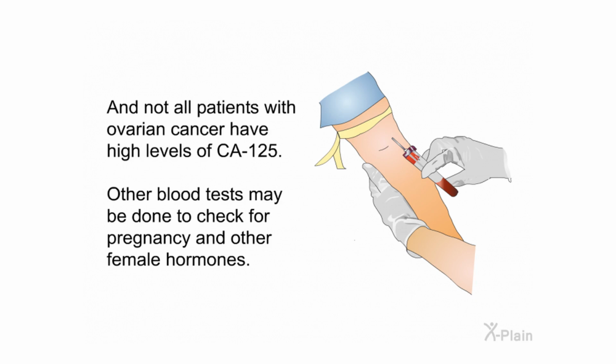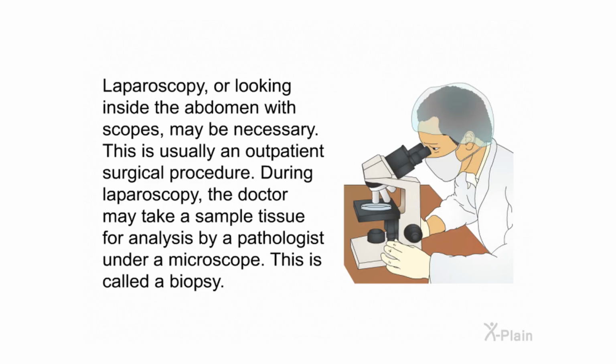Other blood tests may be done to check for pregnancy and other female hormones. Laparoscopy, or looking inside the abdomen with scopes, may be necessary. This is usually an outpatient surgical procedure. During laparoscopy, the doctor may take a sample tissue for analysis by a pathologist under a microscope. This is called a biopsy.